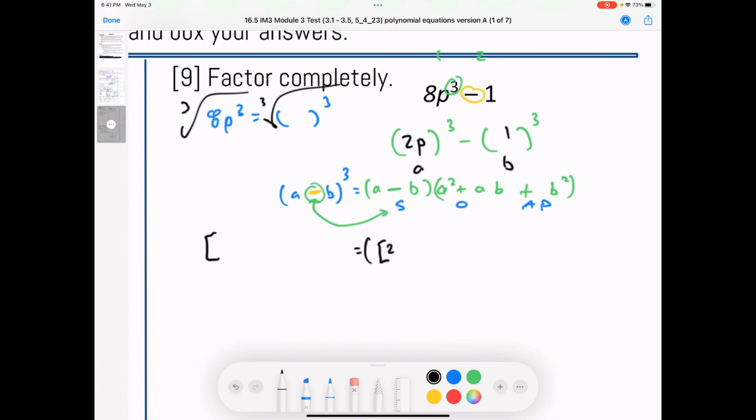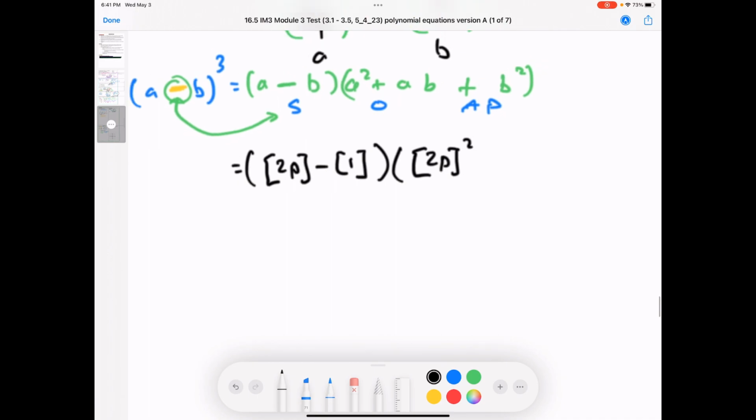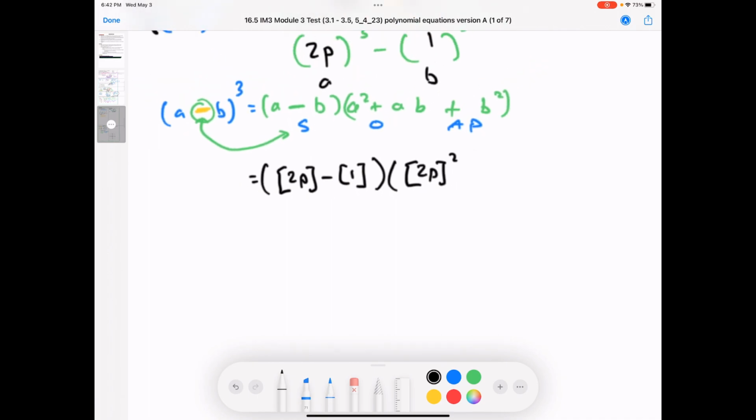A value is 2p. Our B value is 1. A value is 2p, and we're going to square that. If you don't do that, you'll think the answer right there is 2p squared, which is incorrect. B value is 1.